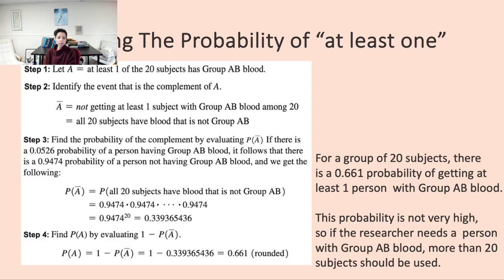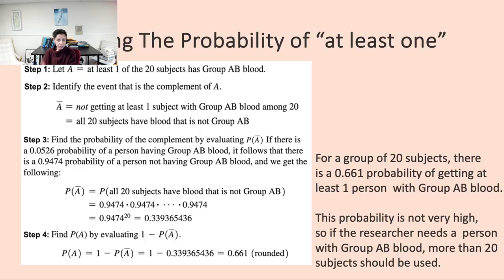So if there's 0.0526 probability of a person having AB blood, then 1 minus 0.0526, which is 0.9474, is the probability of a person not having group AB blood. Okay? So that's the complement.